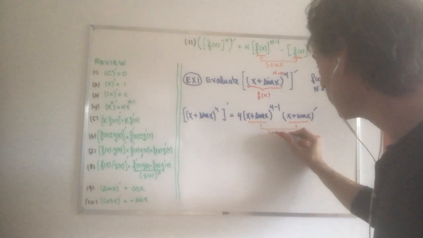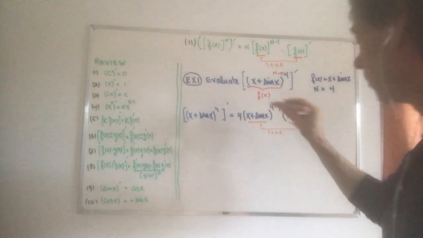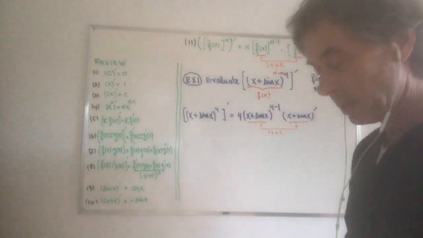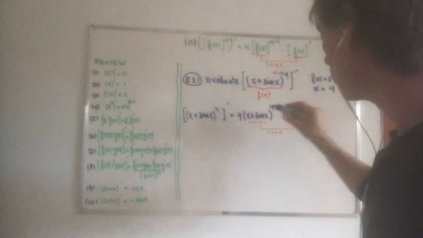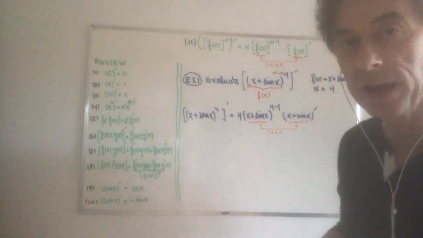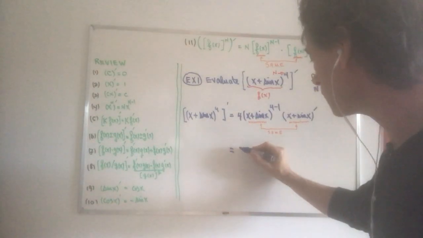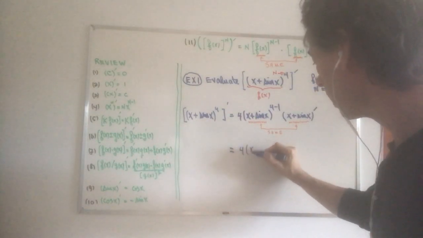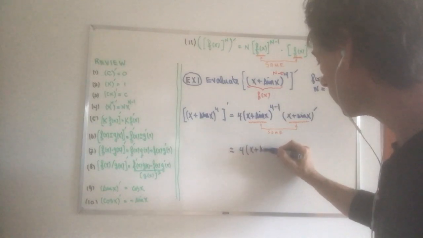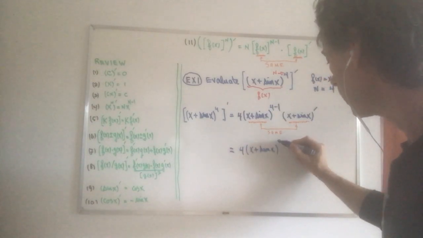This is a mistake that we want to avoid. When these two are different, when we have written two different things here, we cannot hope for the correct answer anymore. So here we go, second to last step, 4 times x plus sine x to the 3.